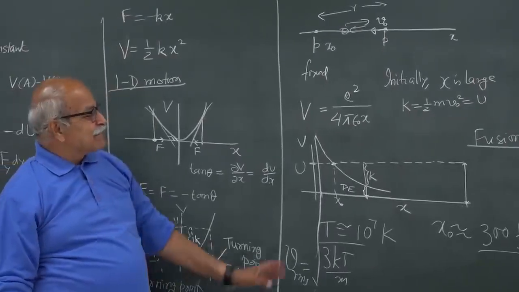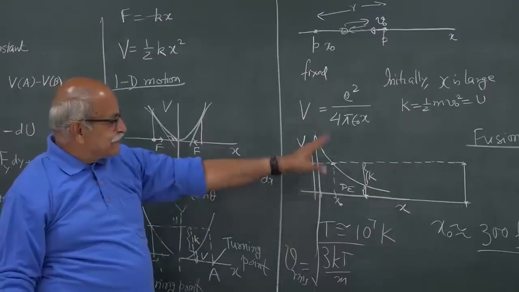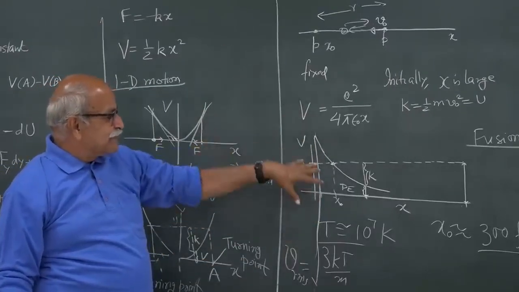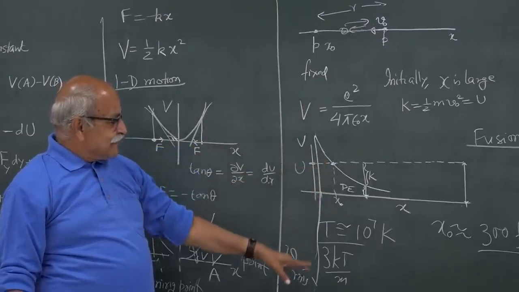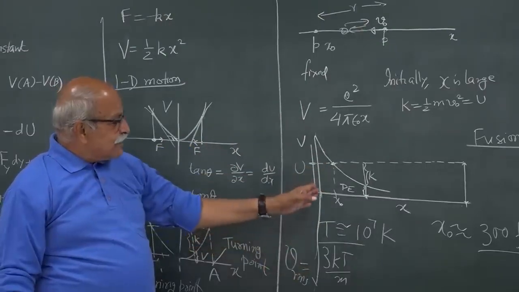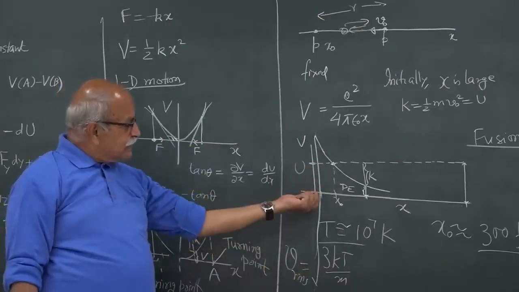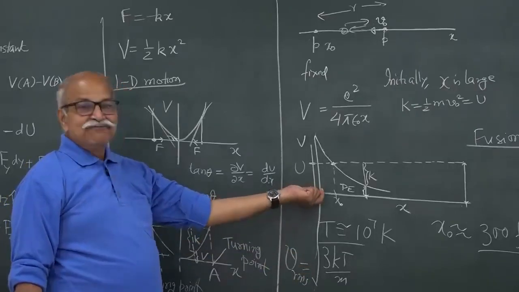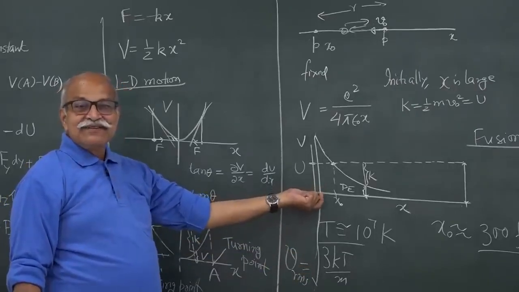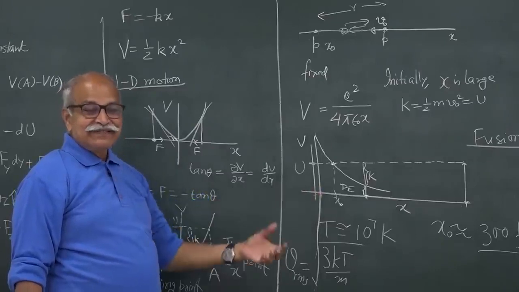So, then there are some other phenomena, barrier tunneling and all those things, quantum mechanical phenomena, which finally give us the required number of protons actually reaching here and then fusing and creating that energy of the sun.